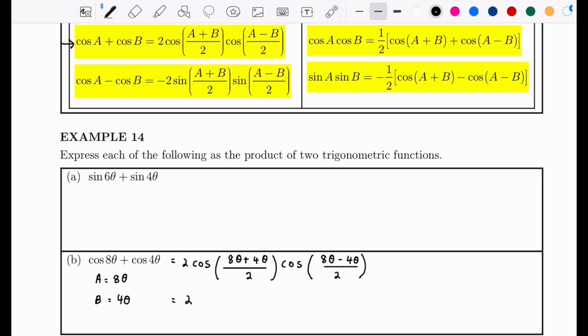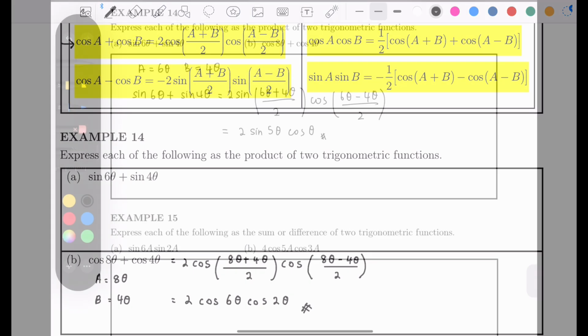Simplify the expression. So 2 cos, 8 plus 4, 12 divided by 2, 6 theta, cos, 8 theta minus 4 theta, 4 theta divided by 2, 2 theta. So the answer is 2 cos 6 theta cos 2 theta.